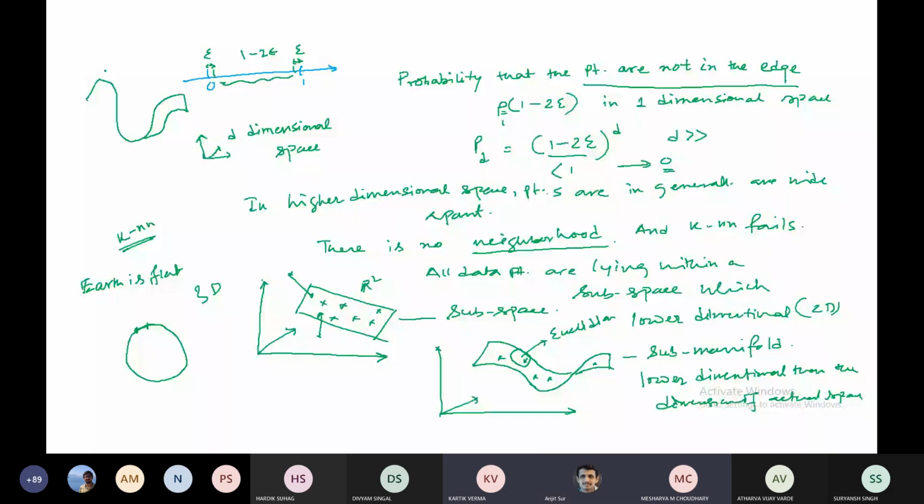Actually, its distance is very small, but it is not its actual distance, because its actual distance is basically here. Now you have this. This is a very interesting kind of thing.